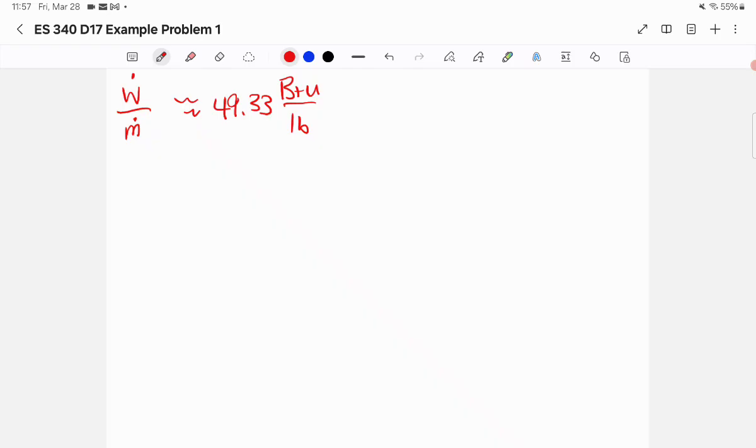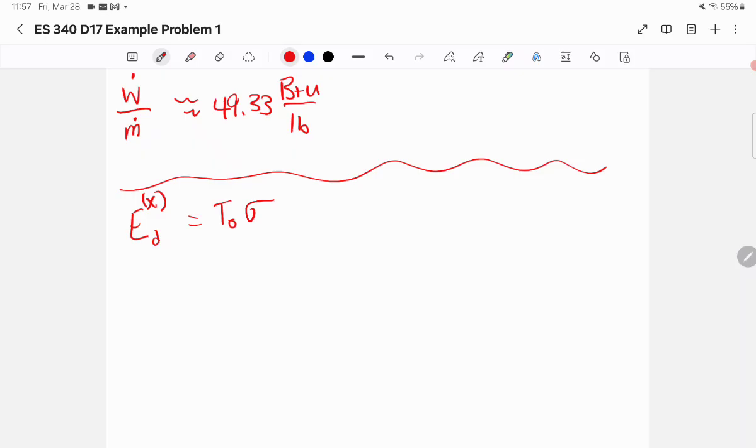Now for the exergy destruction rate, the first thing is remember the exergy destruction, and I'm denoting E to the X as being the exergy here, destruction rate, that's equal to T naught times sigma. But we don't know what sigma is.